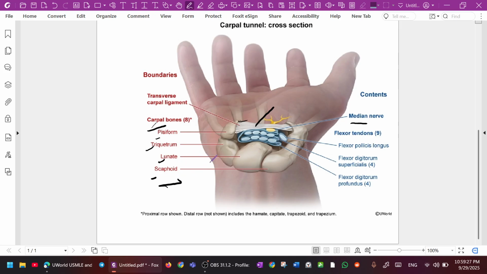So laterally by the scaphoid and trapezium, and medially by the pisiform and the hook of the hamate.